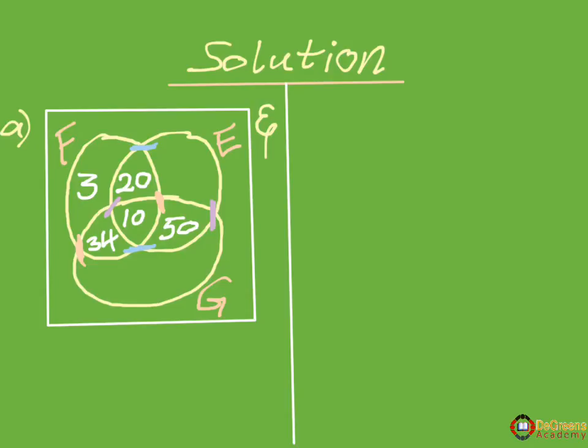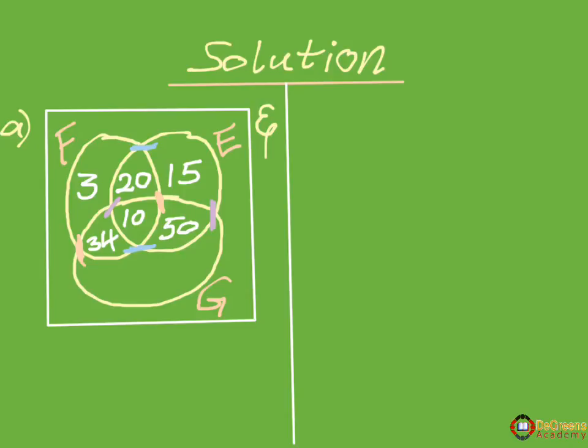So what is lacking to make 95? You have 15. So the 15 goes to the region for English only. Now you add all those figures within the circle for English, it will give you the 95.